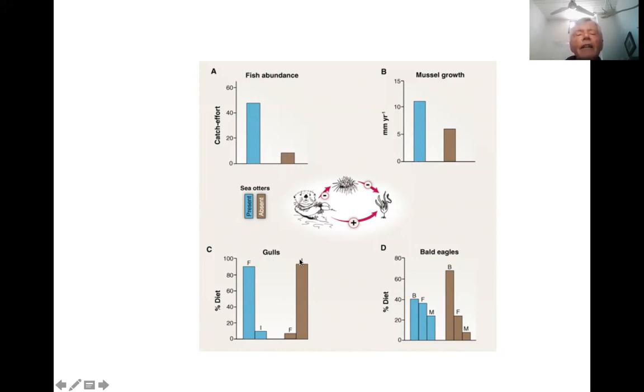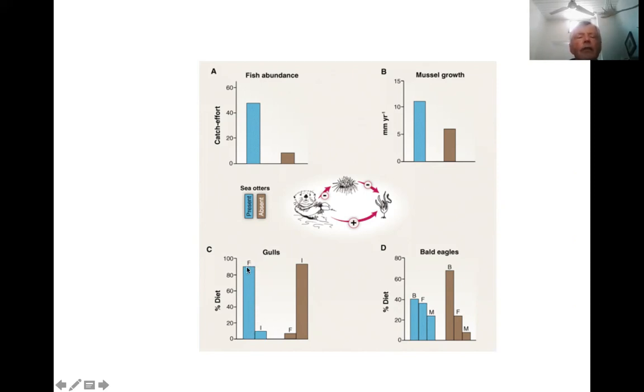The diet of seagulls, something you would perhaps never really think might be linked to the otters, but it is. And that's because the otters have a really strong impact on both the abundance of fish and the abundance of invertebrates in the system. And so if you look at the diet of gulls in places where otters are abundant, what you find is that they are what we call piscivores. They eat fish.